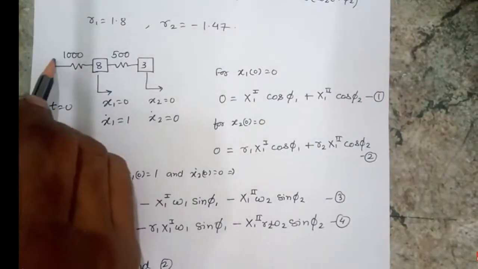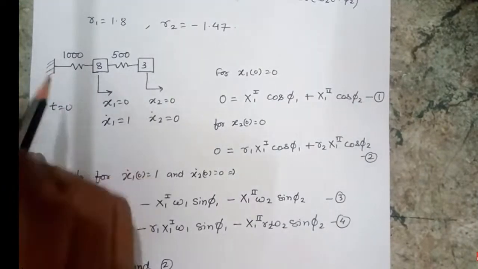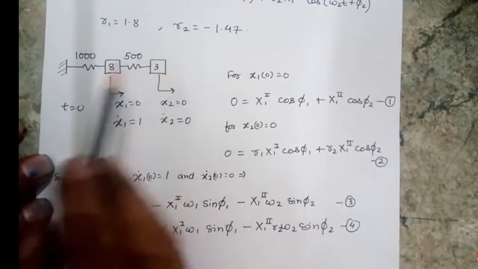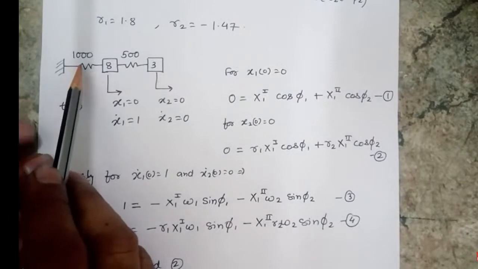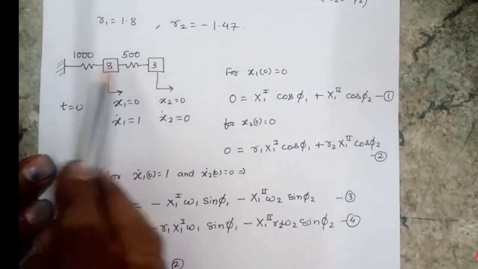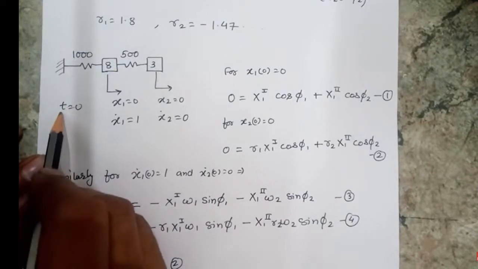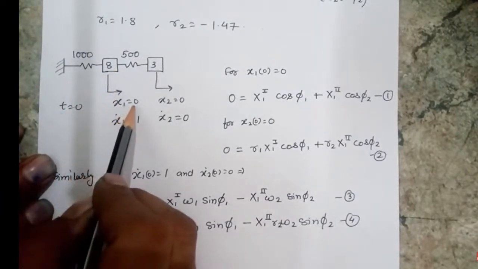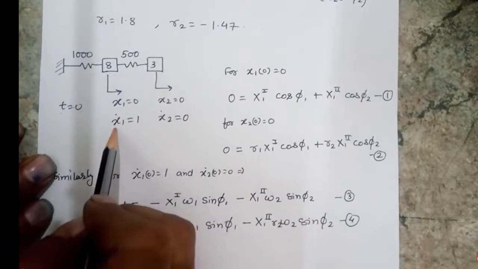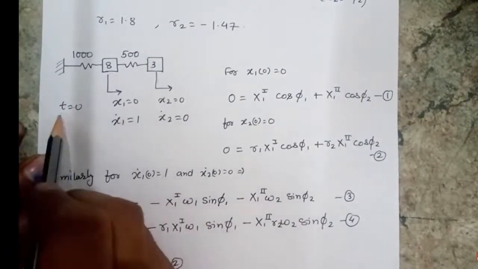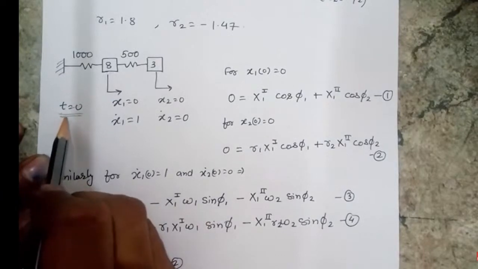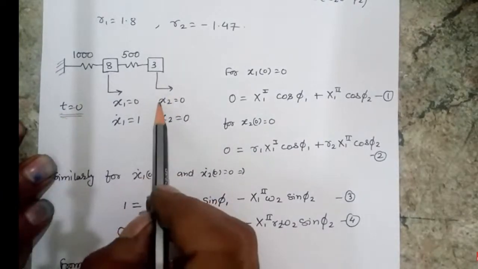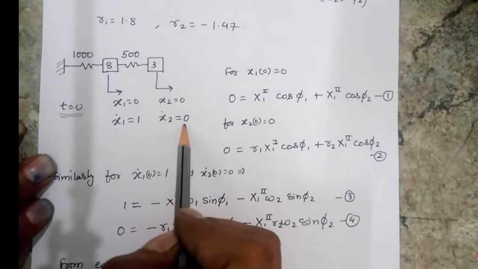Here I am considering a system where the masses are 8 kg and 3 kg, and the stiffnesses are 1000 Newton per meter and 500 Newton per meter. I am assuming an initial condition where my first mass has 0 displacement but a velocity of magnitude 1 at initial time t equal to 0. For the second mass, there is no displacement and no velocity.